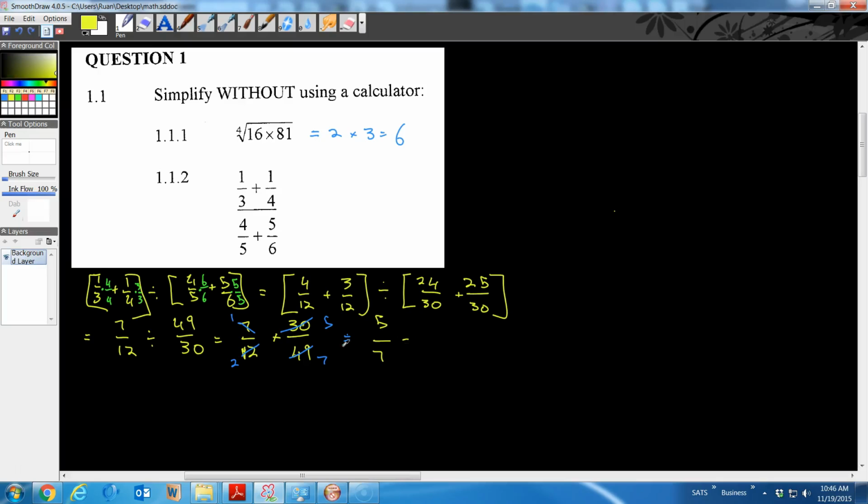Whoa, mistake: 2 times 7 is 14, so that would be our final answer. I'm going to quickly pause the video so I can extend my writing area. Got an idea, this seems to work.